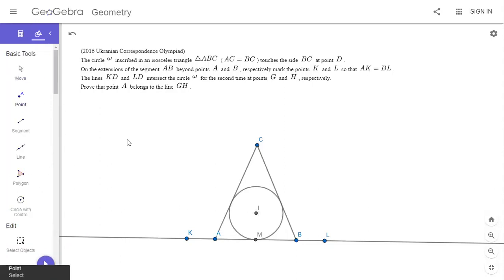And D is this point. So KD and LD intersect the circle again at G and H.